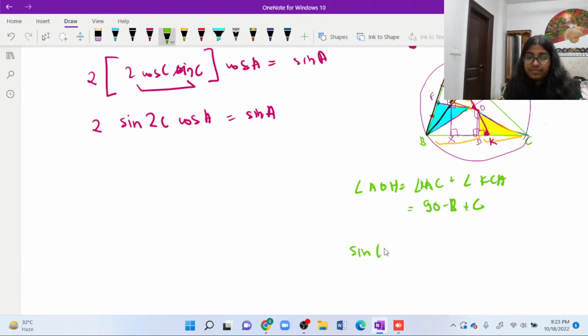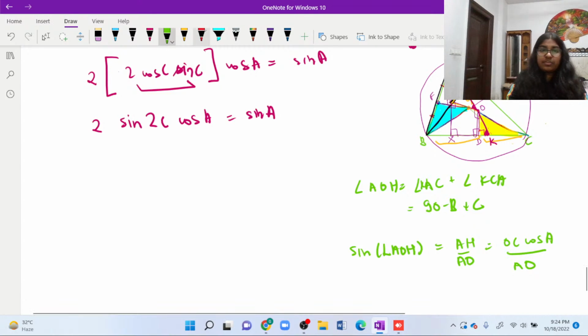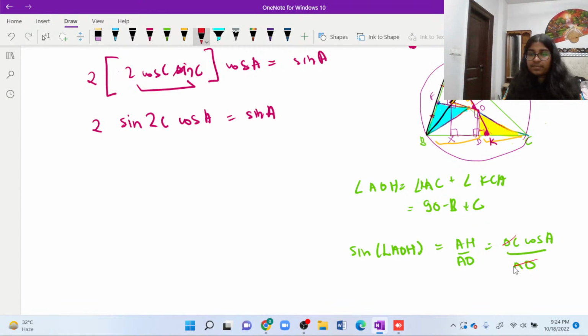And sine of angle AOH equals AH by AO. We know that AH is twice OD, which is OC cos A, by AO, and OC equals AO because it's the circumradius.